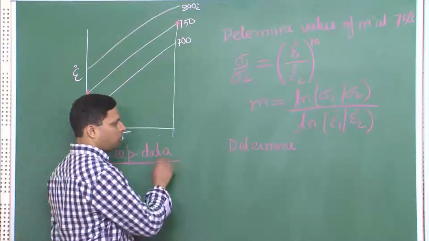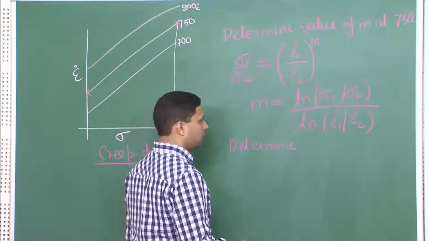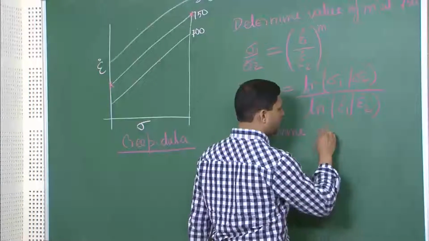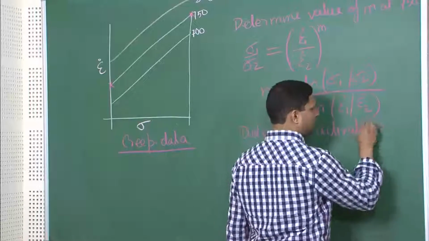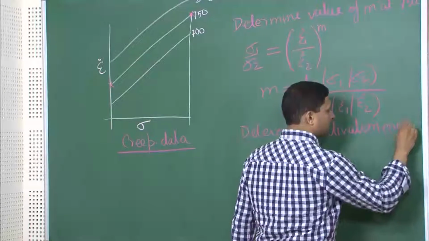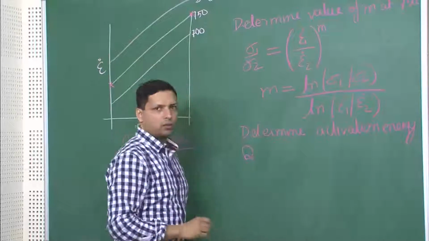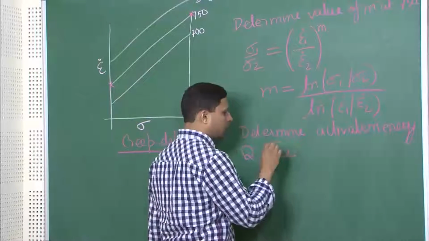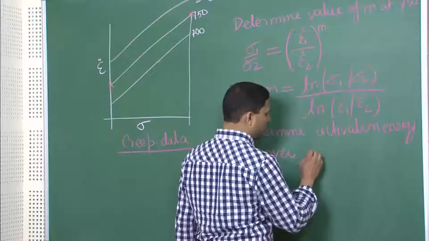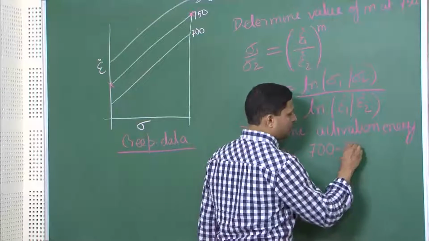Another thing that we can do from this data is, for example, someone asks you to determine activation energy Q. Now, this activation energy Q has to be calculated over a temperature range. So, you may be asked to calculate over the temperature range 700 to 800.